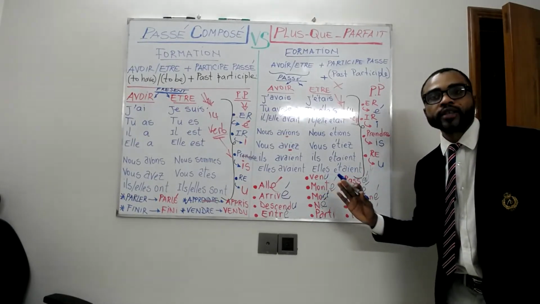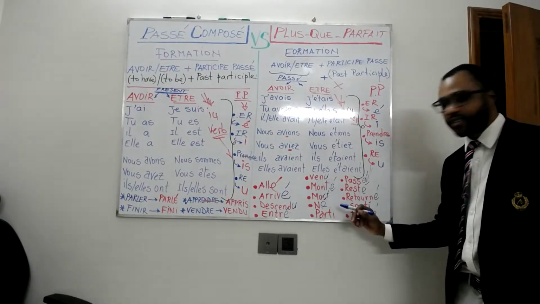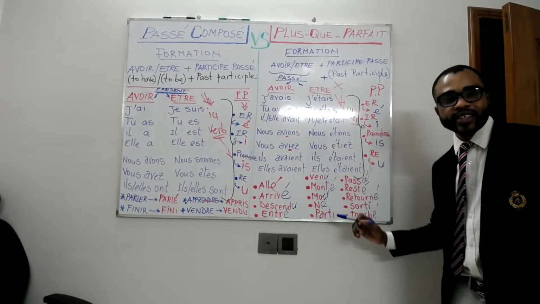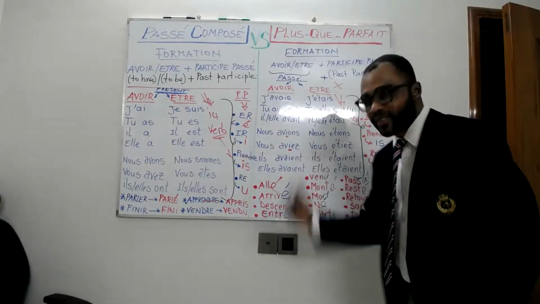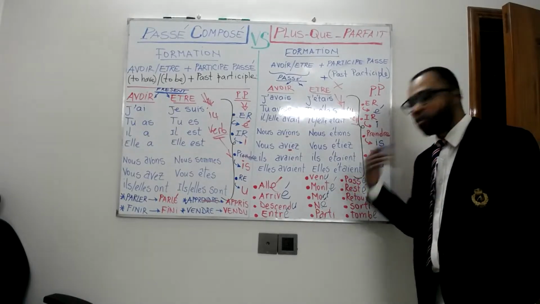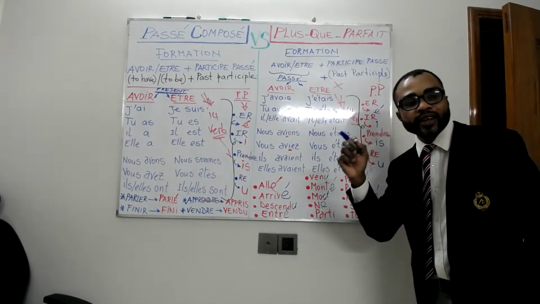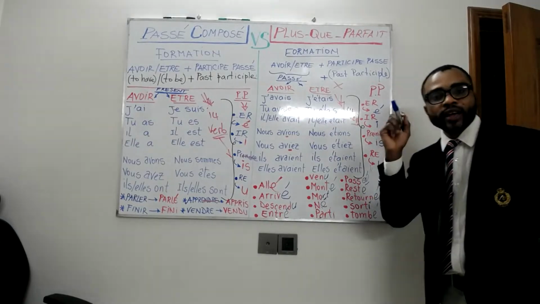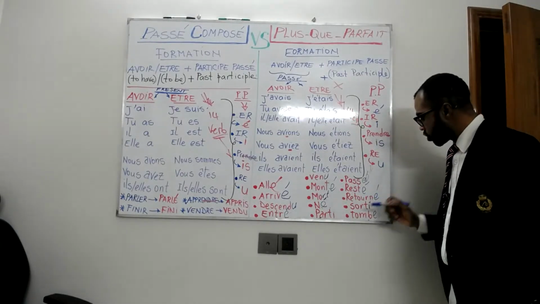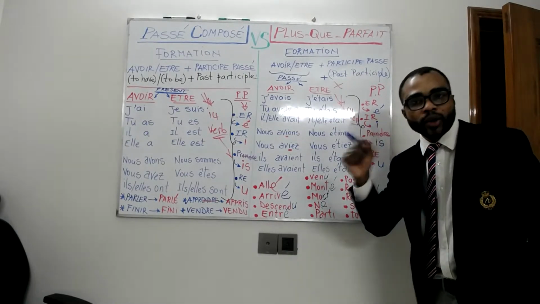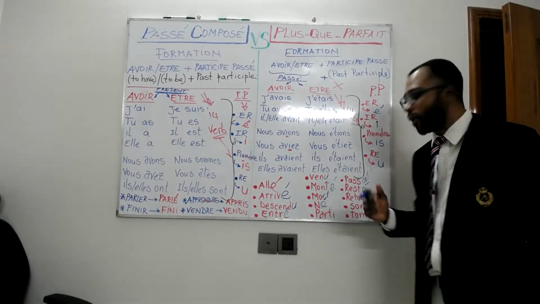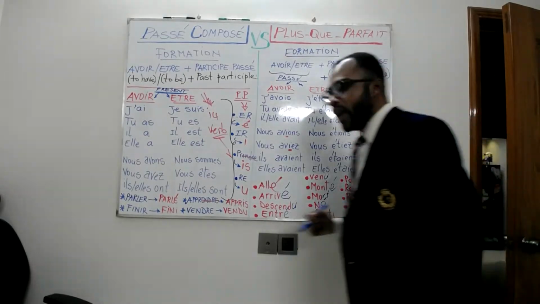It's irregular, it's completely changed. Naître will become né, partir will become parti. Passer will become passé with the accent on top. Rester with the accent on top. Retourner with e, accent on top. Sortir, sorti with only I, tomber, which is only a.